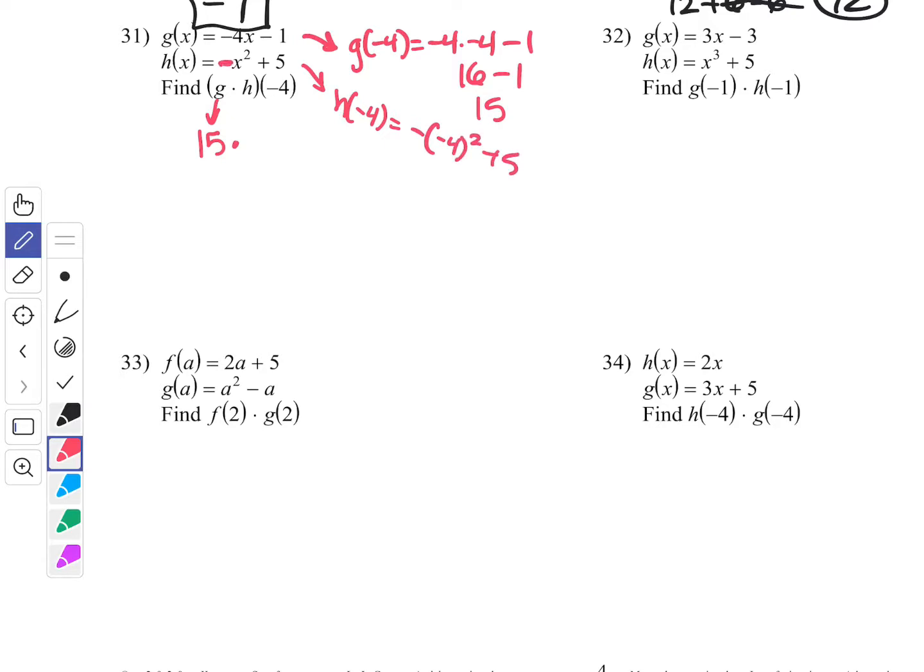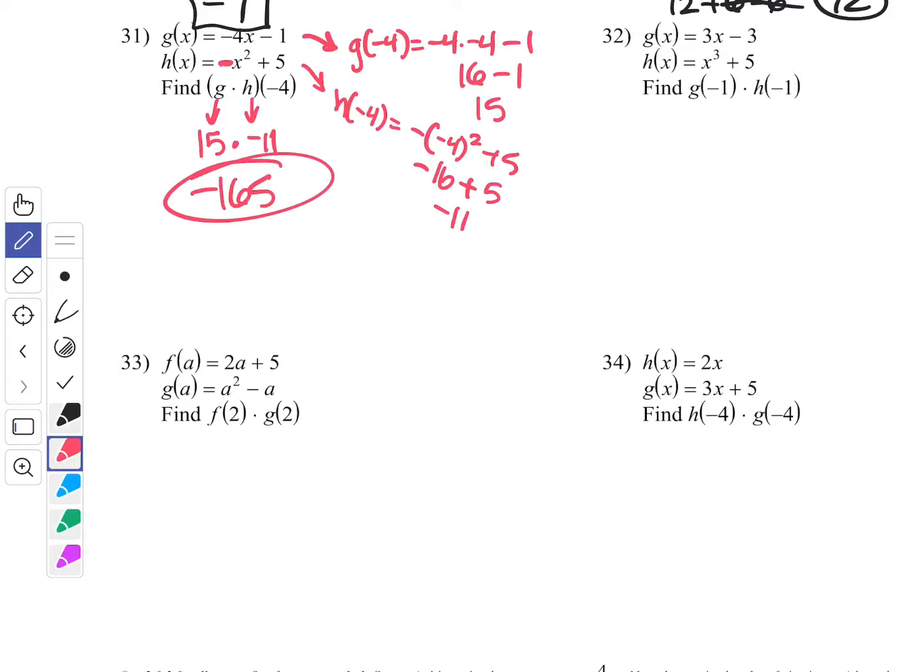That negative is outside the x squared. So negative 4 squared is 16. Bring that negative. Negative 16 plus 5 is negative 11. So H is negative 11. Then I just have to simply go 15 times negative 11, and we get negative 165.